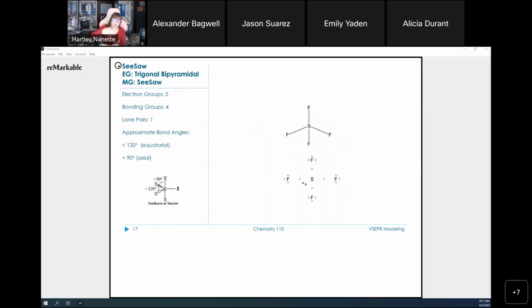And so that's why it's called a seesaw. So I can imagine that this thing has 2 legs that are sticking down and playing across it. That's the seesaw. So 5 electron groups, trigonal bipyramidal for the electron geometry. My molecular geometry is then called seesaw, and that's because it has 4 bonding groups and 1 lone pair. Okay?